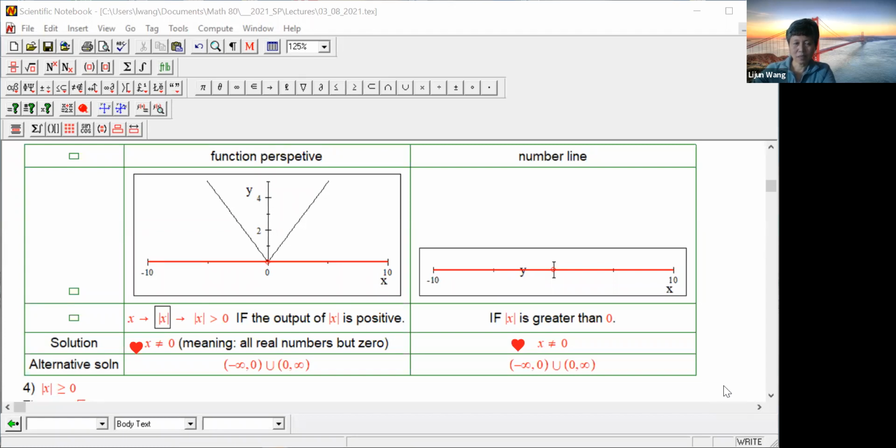So with that understanding for number 3, can you tell me what is your solution for number 4? What is your solution for number 4?